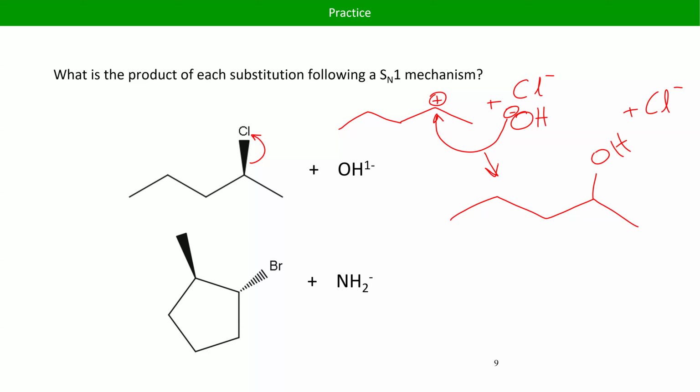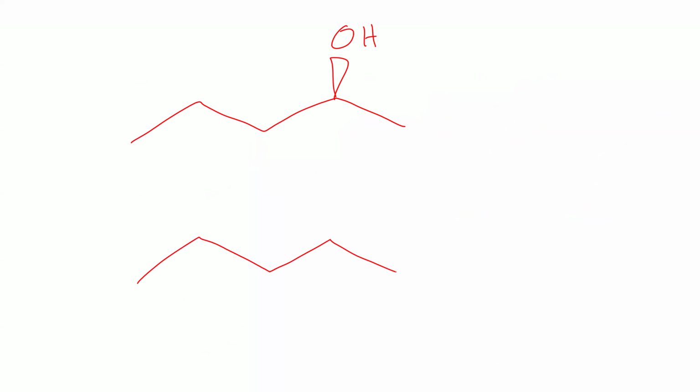So we're not gonna get just one of these stereoisomers, we're gonna get both of them. The OH could be into the board, or it could be out of the board.